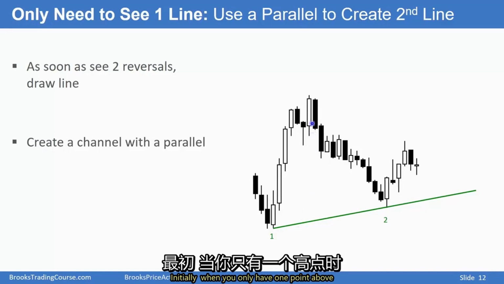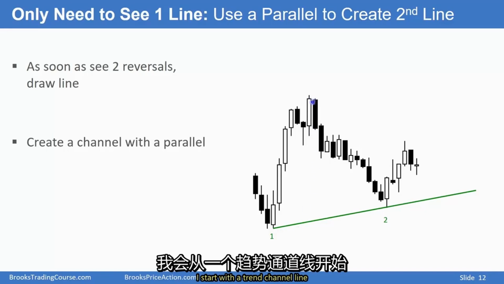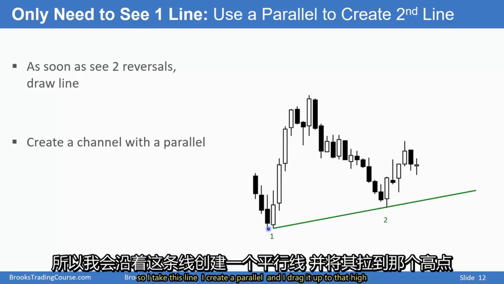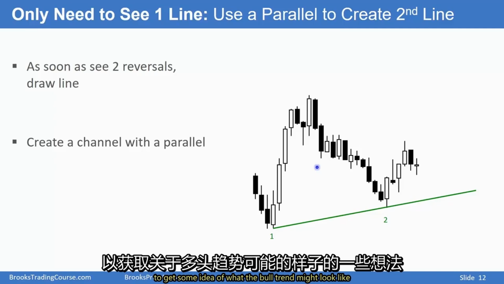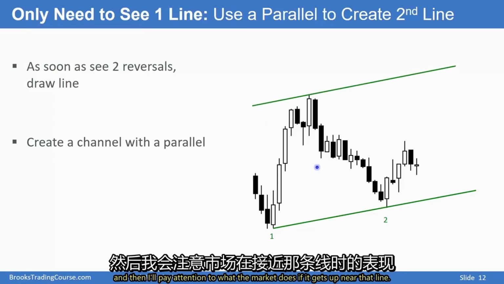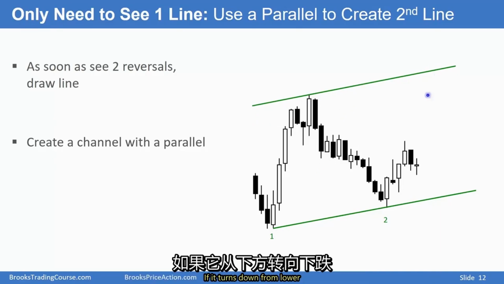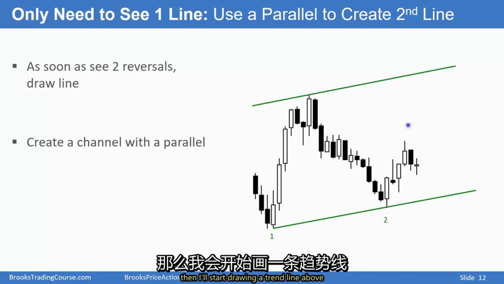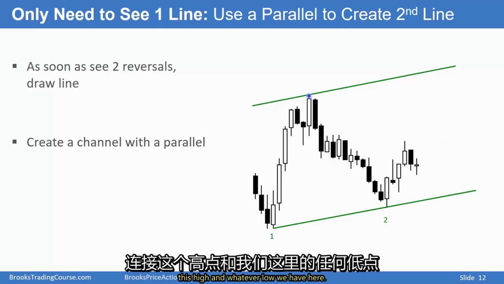Initially, when you only have one point above, I start with a trend channel line. So I take this line, I create a parallel, and I drag it up to that high to get some idea of what the bull trend might look like. And then I'll pay attention to what the market does if it gets up near that line. If it turns down from lower, then I'll start drawing a trend line above this high and whatever low we have here.